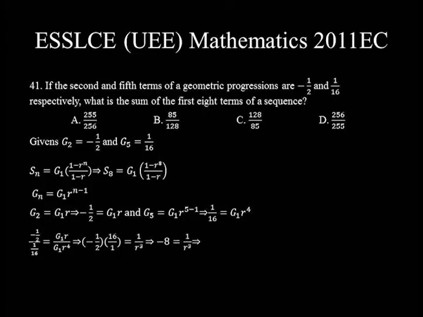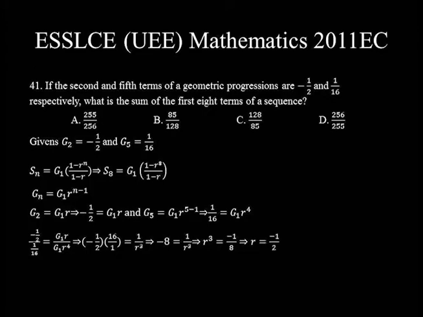This implies, switching negative 8 and r cubed, we find r cubed is equal to negative 1 over 8. Taking the cube root of both sides, the cube root of r cubed is r, and the cube root of negative 1 over 8 is negative 1 over 2.